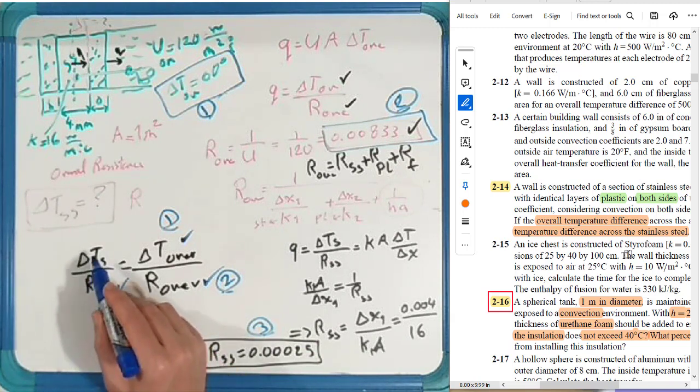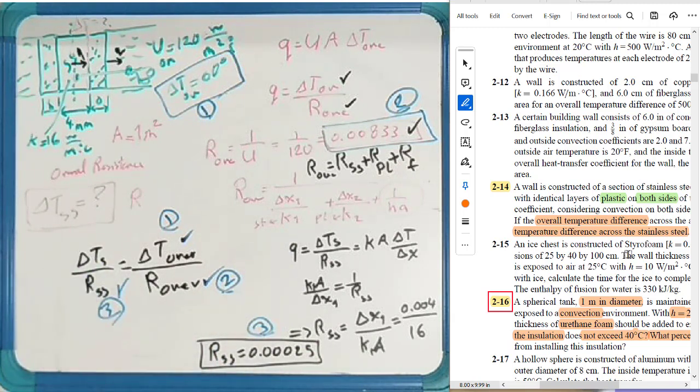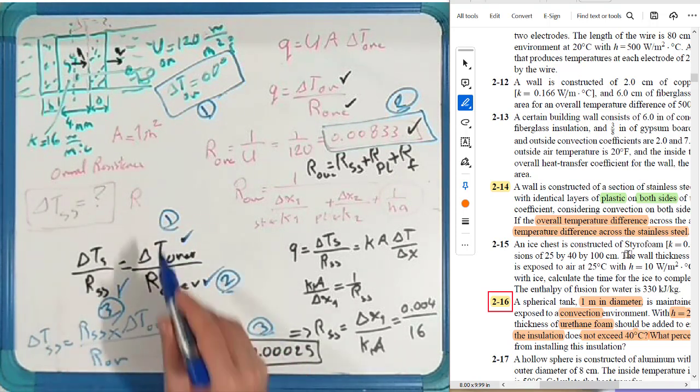I just want this temperature, so delta T for steel equals R for steel multiplied by delta T overall divided by R overall. I have all of these parameters.